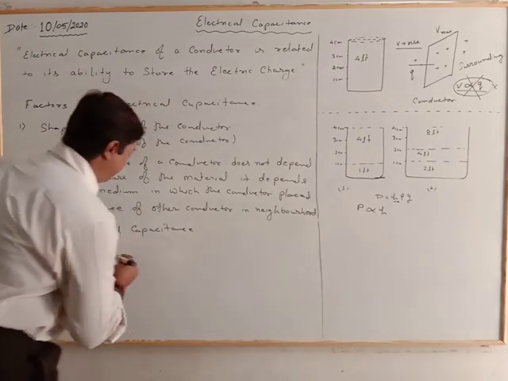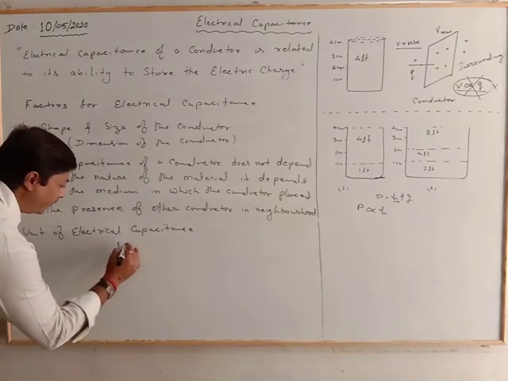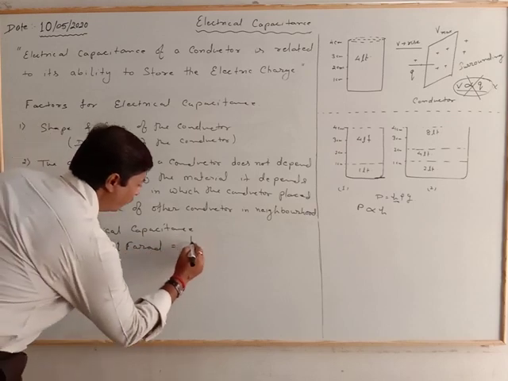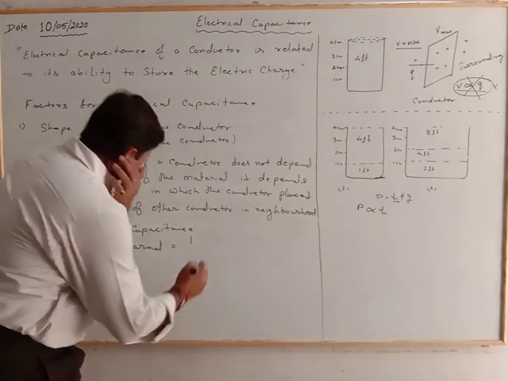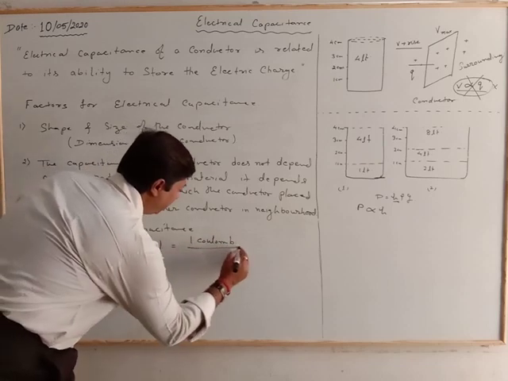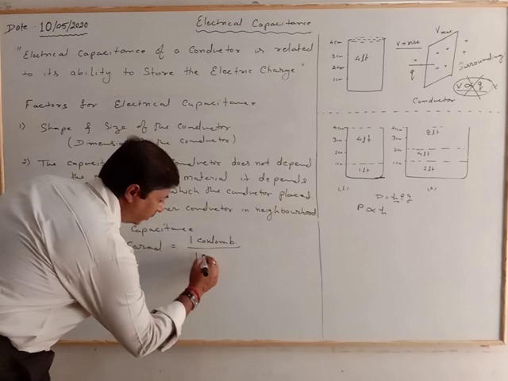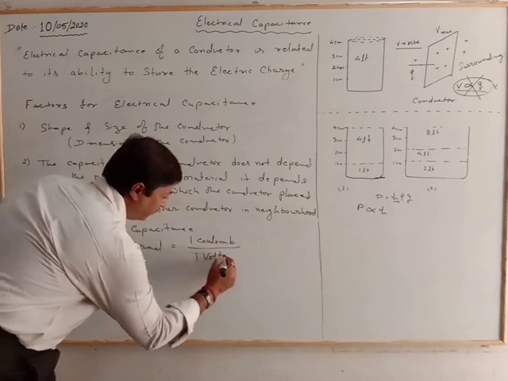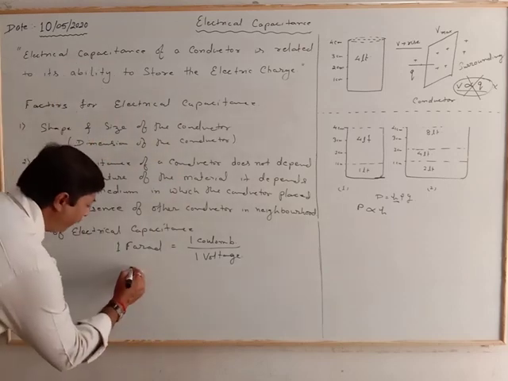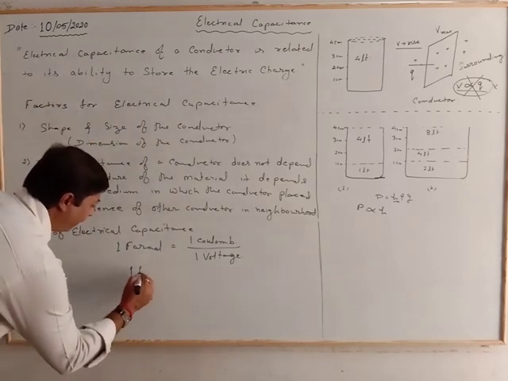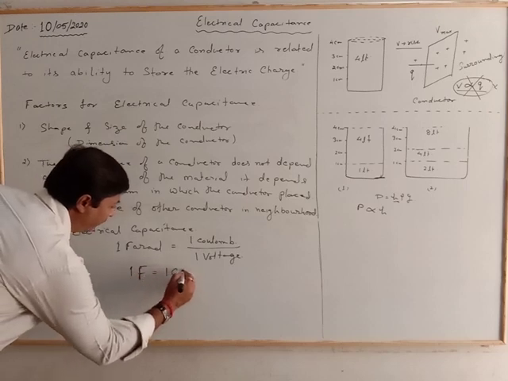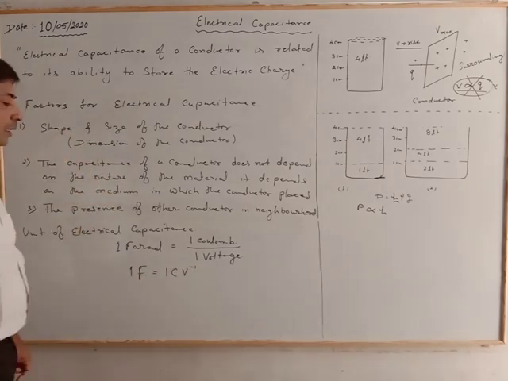So 1 farad is equal to 1 coulomb of charge per 1 volt of potential. That means 1 farad, F, is equal to 1 coulomb per volt.